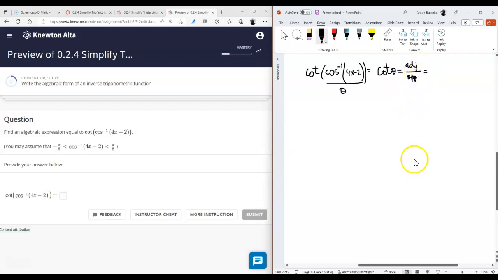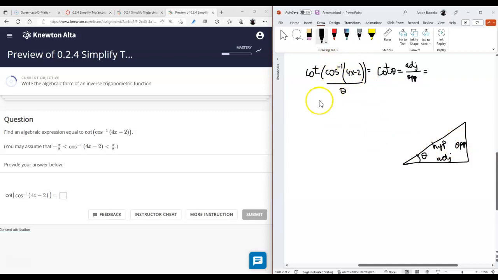So I just need to figure out some triangle with angle theta in which I know the adjacent and the opposite. This is my opposite. This is my adjacent. This is my hypotenuse.